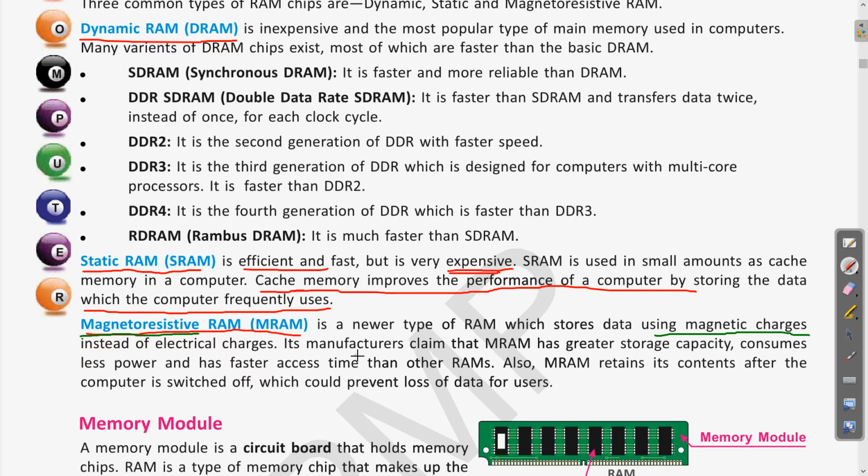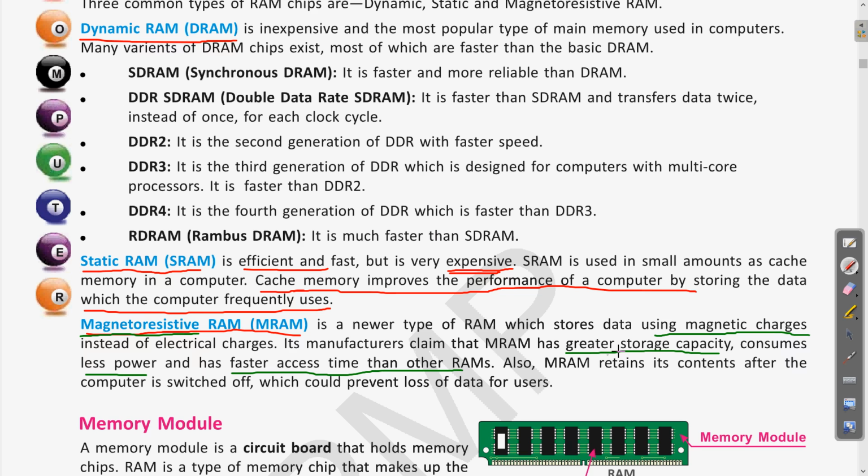Okay, so its manufacturers claim that MRAM, that is magnetoresistive RAM, has greater storage capacity. Clear? So because of greater storage capacity, it consumes less power, and has a faster access rate than other RAMs. So here you can see the different advantages of the MRAM.